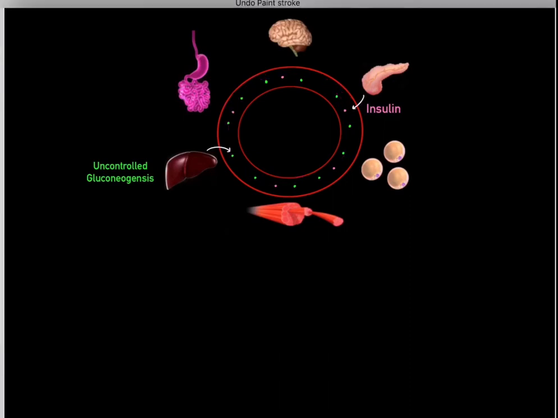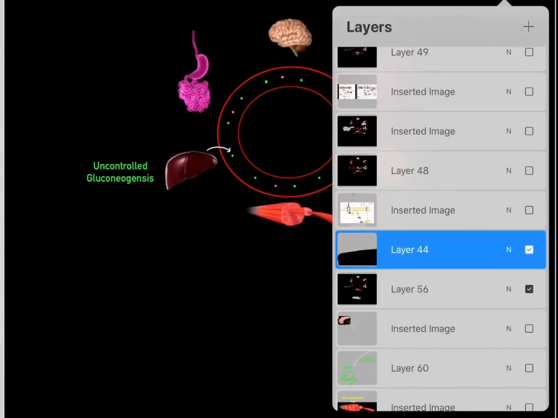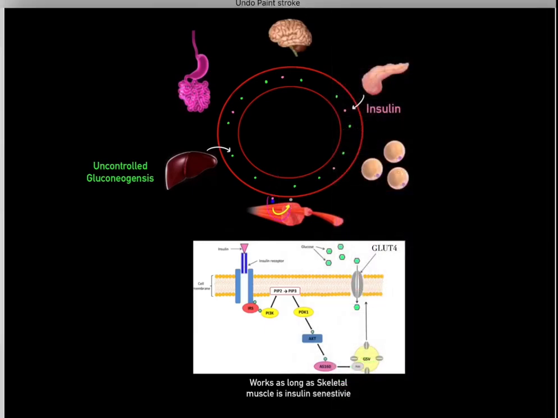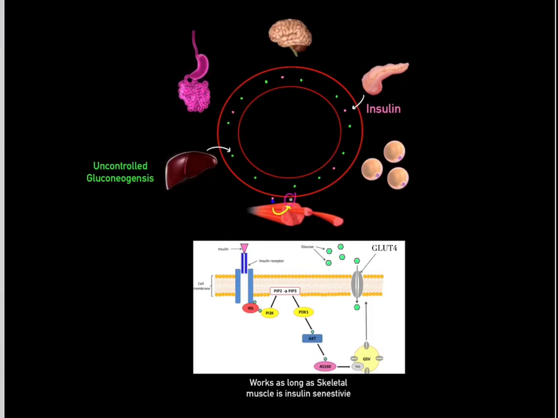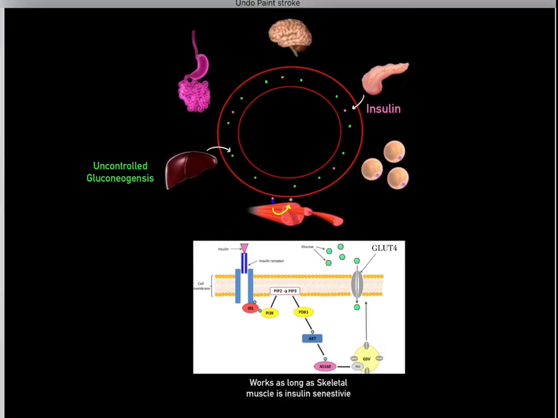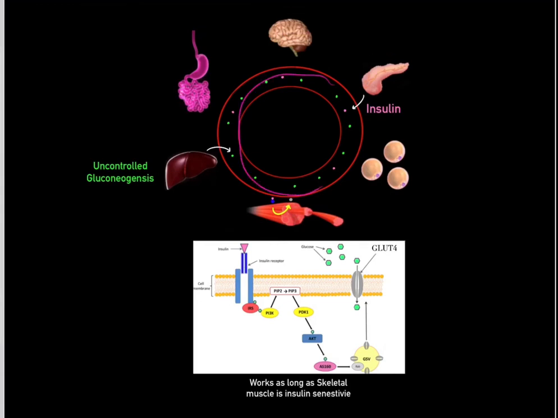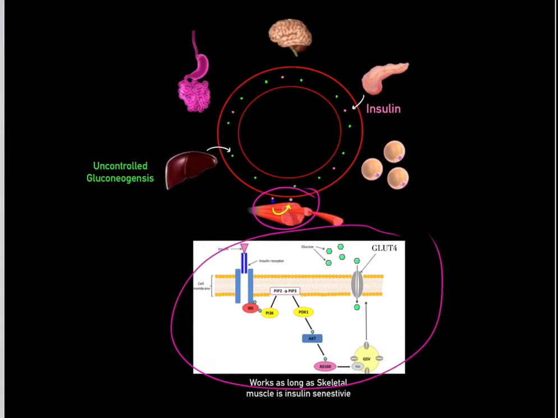And that insulin is going to keep those glucose levels in check, because we know that insulin is going to bind to the insulin receptor, stimulating the expression of these GLUT4 transporters, which then allows the skeletal muscle to take in those glucose molecules, keeping the blood glucose levels in check. So this is going to work fine, and we're going to have normal levels of blood glucose as long as the skeletal muscle is insulin sensitive.